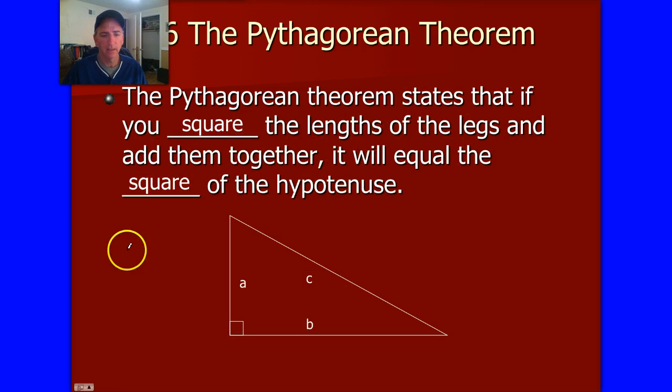In other words, if this is a leg and this is a leg, a and b, the two shorter sides, if you square them, like take a times a and b times b, and you add those together, you get c times c, c squared. So if you square the legs and add them together, you get the square of the hypotenuse.